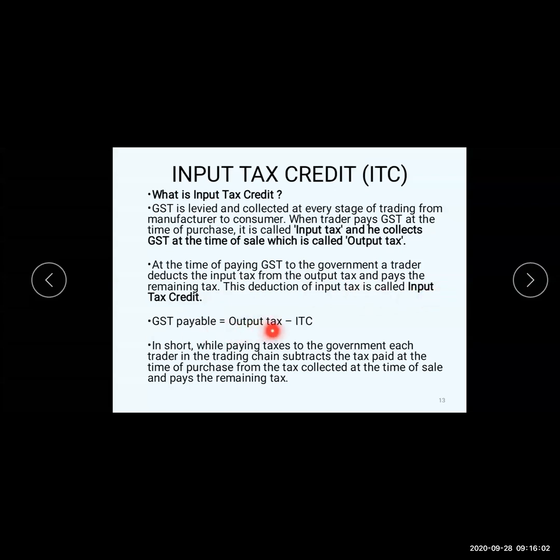So GST payable is equal to output tax minus input tax credit. In short, while paying taxes to the government, each trader in the trading chain subtracts the tax paid at the time of purchase from the tax collected at the time of sale and pays the remaining tax.